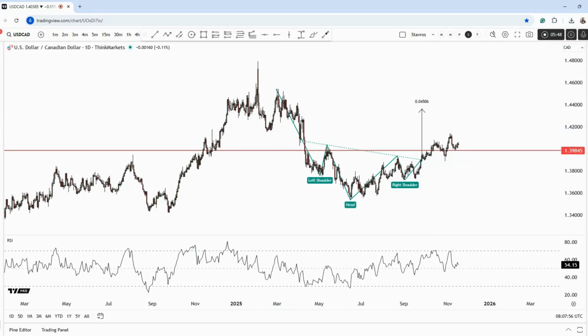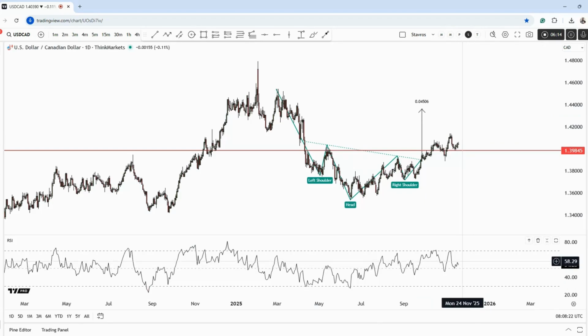So what validates this move? If we clear 141.45, 50 or so, precisely, it signals the breakout is real and we'll be looking at the completion of the measured move. The RSI also has room to run above 60, okay, before any overbought signal becomes concerning. So you see, currently we are sitting at around 53.